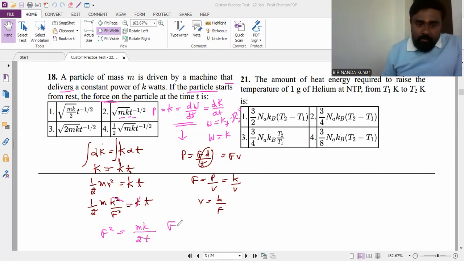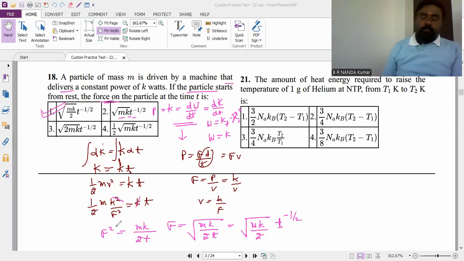So F is equal to root of m k by 2t, that is root m k by 2 times t power minus 1 by 2. The right answer is the first option, root m k by 2 t power minus 1 by 2.